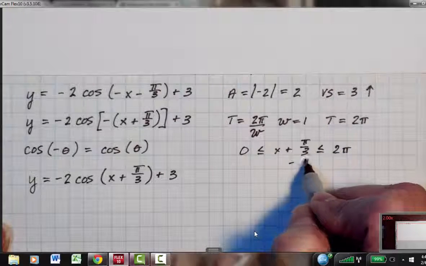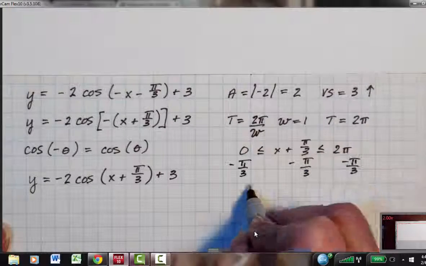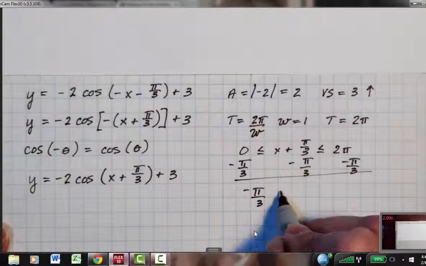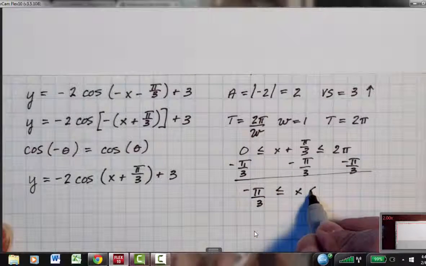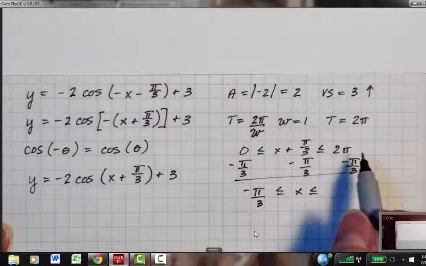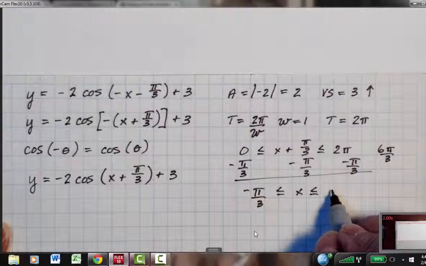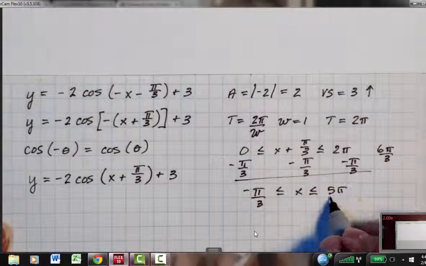So I subtract pi over 3 from everything, and I end up with negative pi over 3 is less than or equal to x, which is less than or equal to, and 2 pi becomes 6 pi over 3 minus pi over 3, which gives me 5 pi over 3.